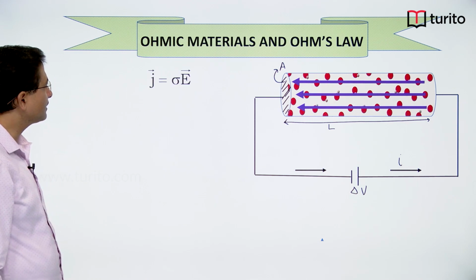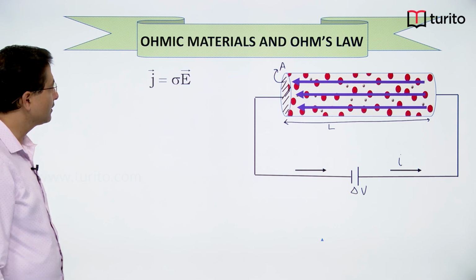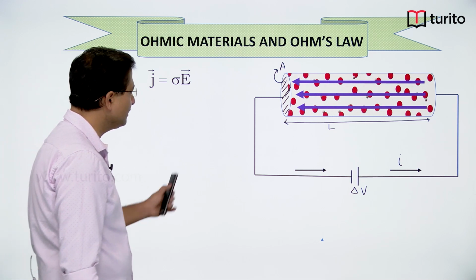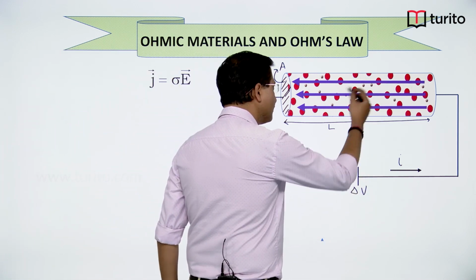So, we know that J is equal to sigma E, right. This E is the field inside.